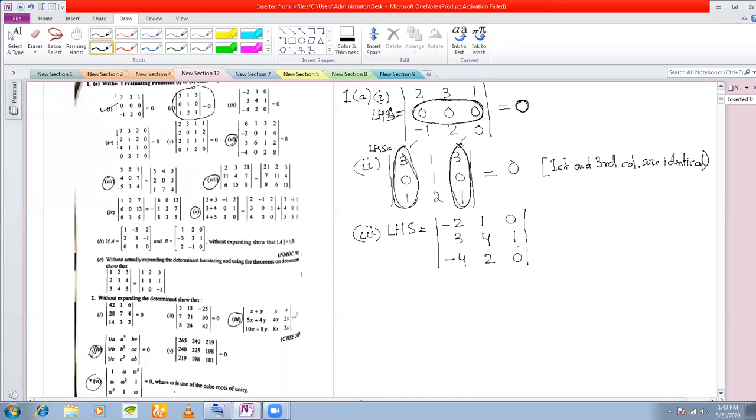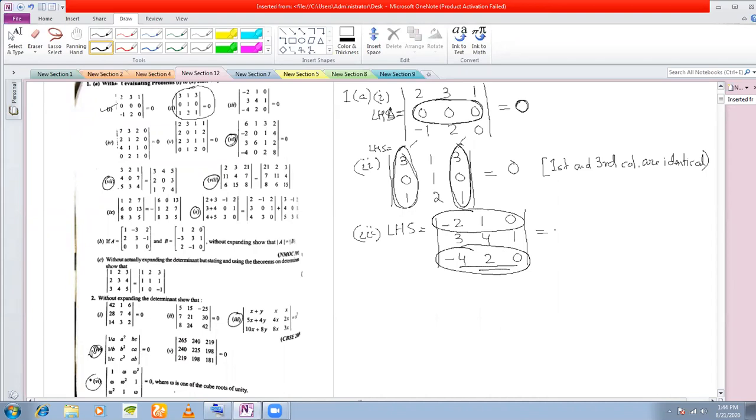How? Can you tell me how? If you look at this column and this column, from this, what is common I can take?